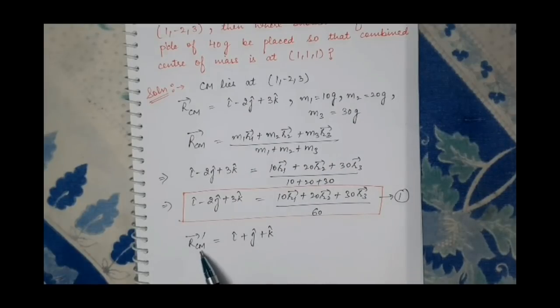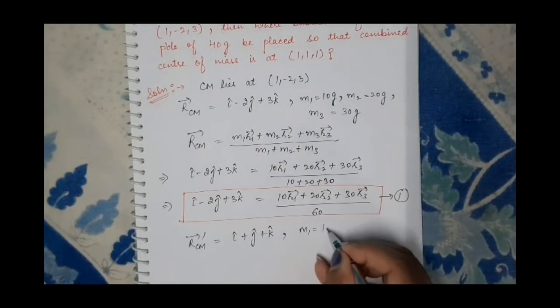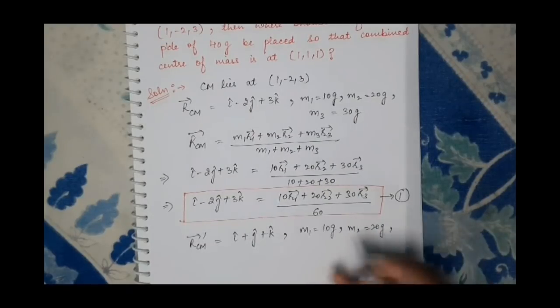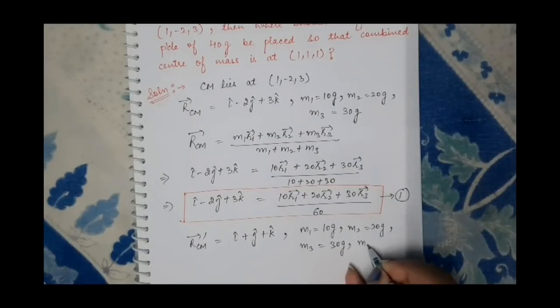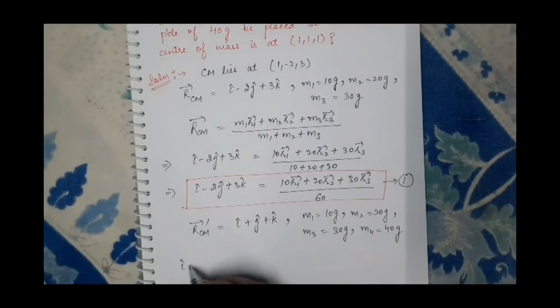So then it will be the new position of center of mass, and now the particles are m1 10 grams, m2 20 grams, m3 30 grams and m4 40 grams. So from this information, another equation will be i plus j plus k.